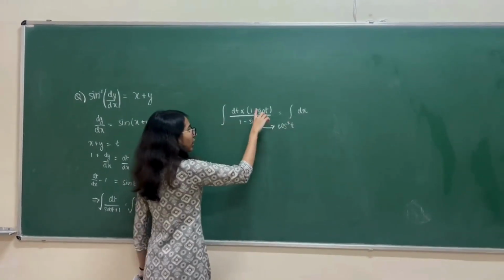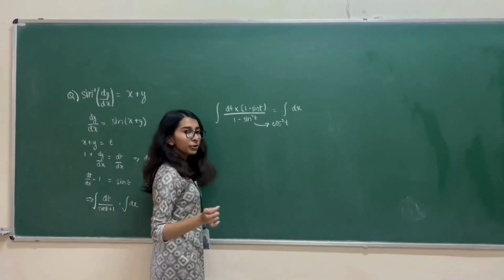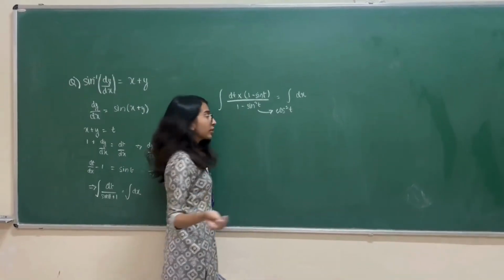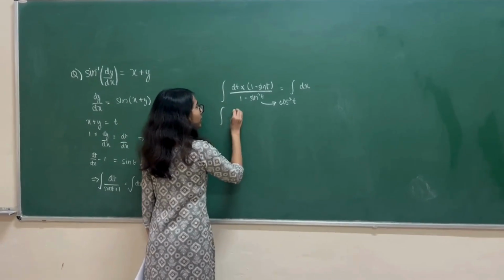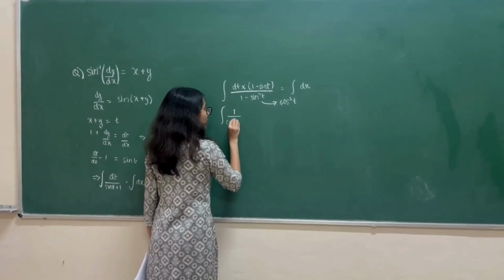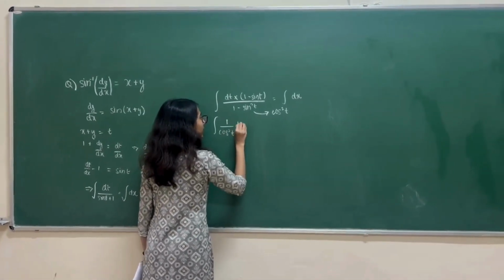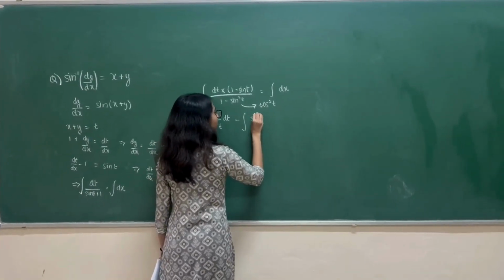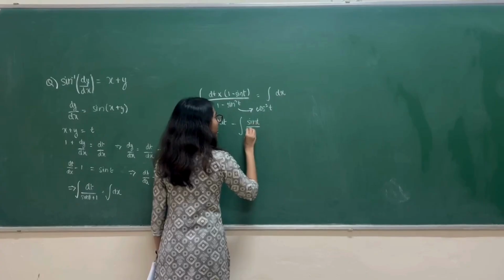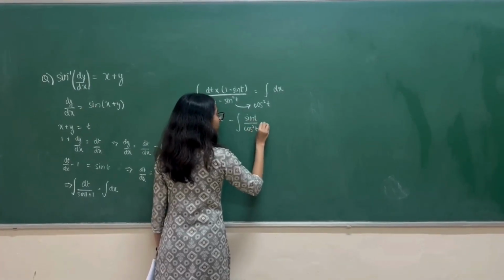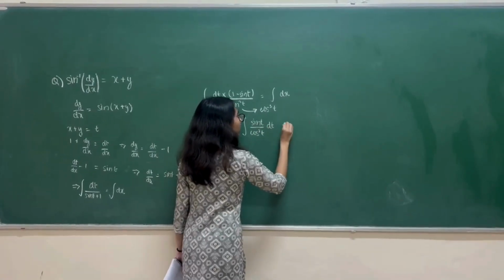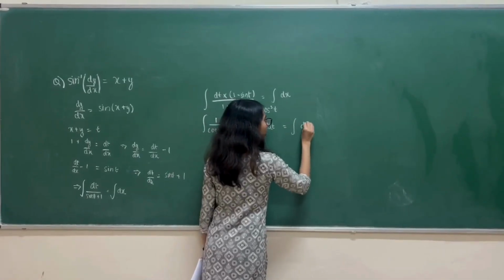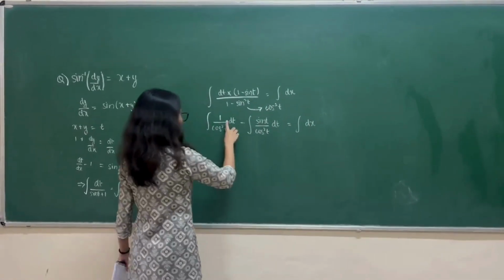And since our numerator can be separated into two parts, we're going to do that so that it's easier to integrate. So we are left with the integral of 1 over cos square t dt minus the integral of sin t divided by cos square t dt is equal to the integral of dx. Here, this is simple.